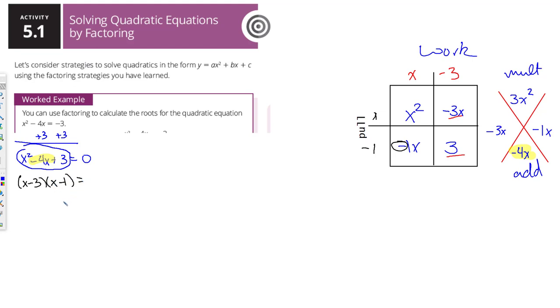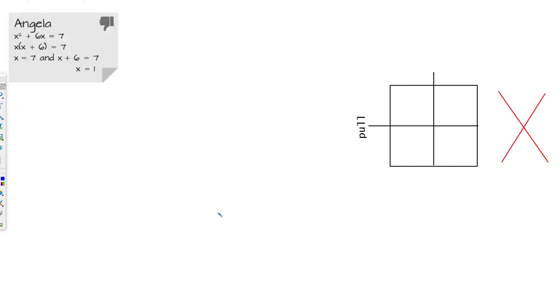And it really doesn't matter the order there, but you do want to set each of those equal to 0. And so x is equal to 3 and x is equal to 1. And then when we write our answer, it's going to be x is equal to 1 comma 3. Now, I want you to look at Angela's and see what did she do wrong.